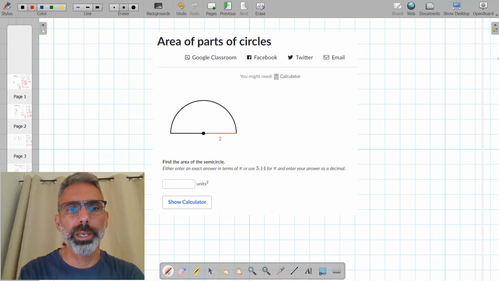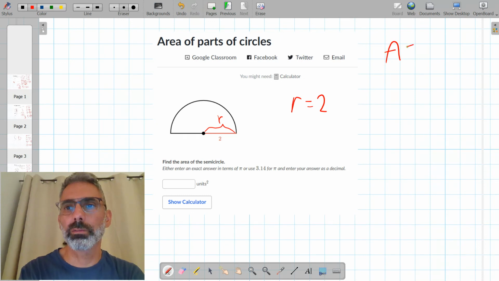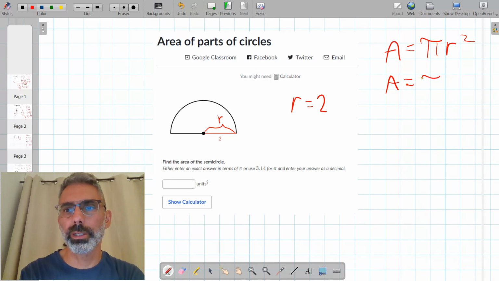And we need to find the area of the semicircle. So here we are given the radius. So we don't need to calculate the length of the radius. The radius is 2. And the entire area of the circle is pi r squared, which means that the entire area is pi 2 squared.